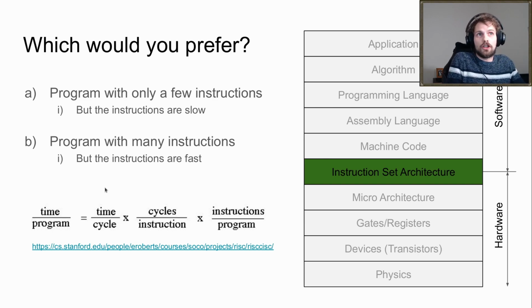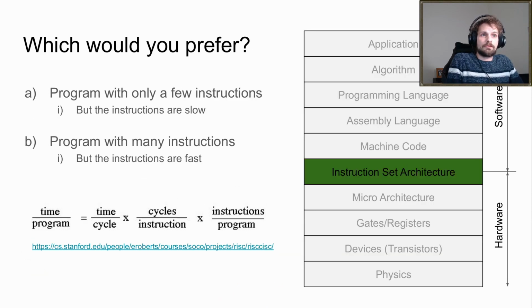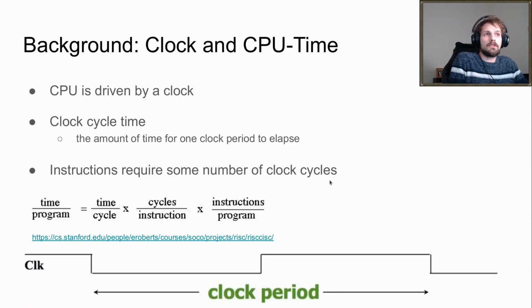So a program has a clock cycle. First of all, our processor is running at a certain speed, the clock speed. When your CPU is executing instructions, it's driven by a clock. And the clock speed determines how fast instructions are executed. Now, every instruction requires some number of clock cycles. It can be 1, but this can be multiple as well.